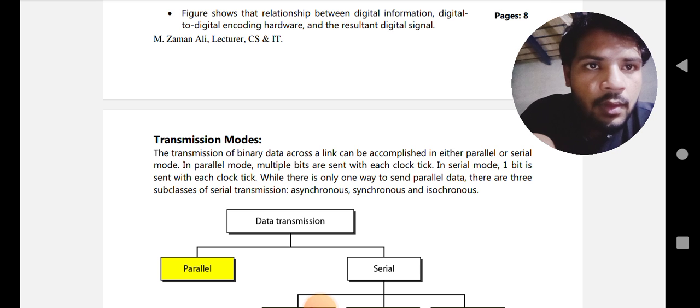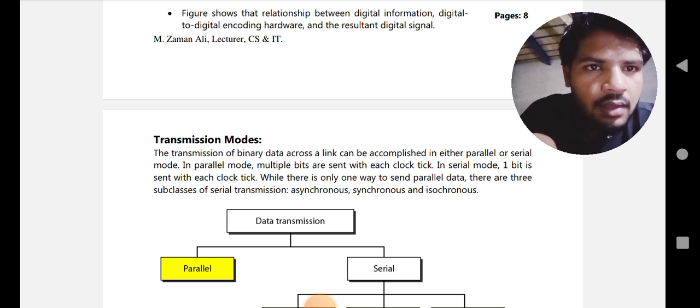In parallel mode, multiple bits are sent with each clock tick. In serial mode, one bit is sent with each clock tick. While there is only one way to send parallel data, there are three subclasses of serial transmission: asynchronous, synchronous, and isochronous.